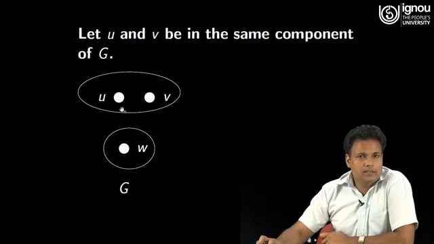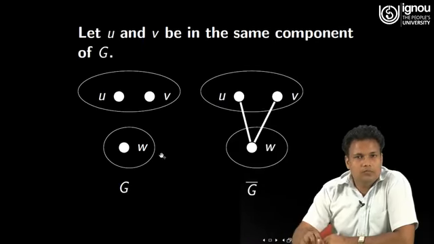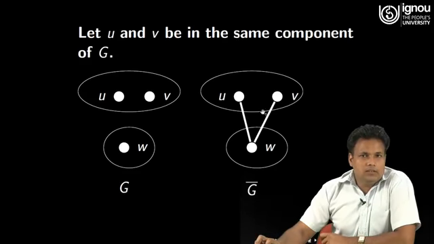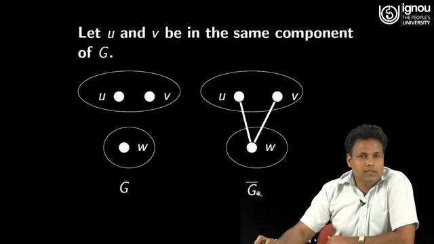Clearly this vertex is not adjacent to U and V in G, and hence U and V both would be adjacent to W in G bar. So thus in both the cases we have seen that U and V are connected by a path, which of course has length at most 2, and hence G bar is connected.